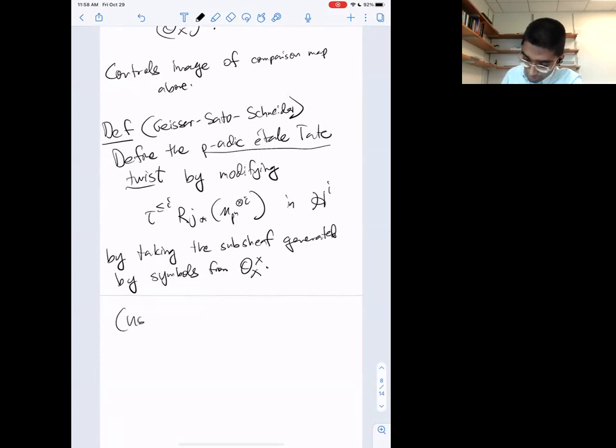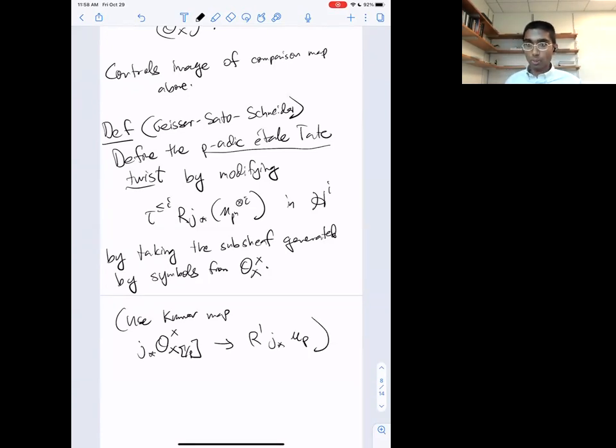Right, and so here what happens is that you're using the Kummer map, which goes from units on X adjoin 1 over p, so it's going to go from j_* of O_X^× adjoin 1 over p to R^1 j_* of mu_p. So you can always use units in X adjoin 1 over p to give you classes in H^i of these so-called p-adic nearby cycles.